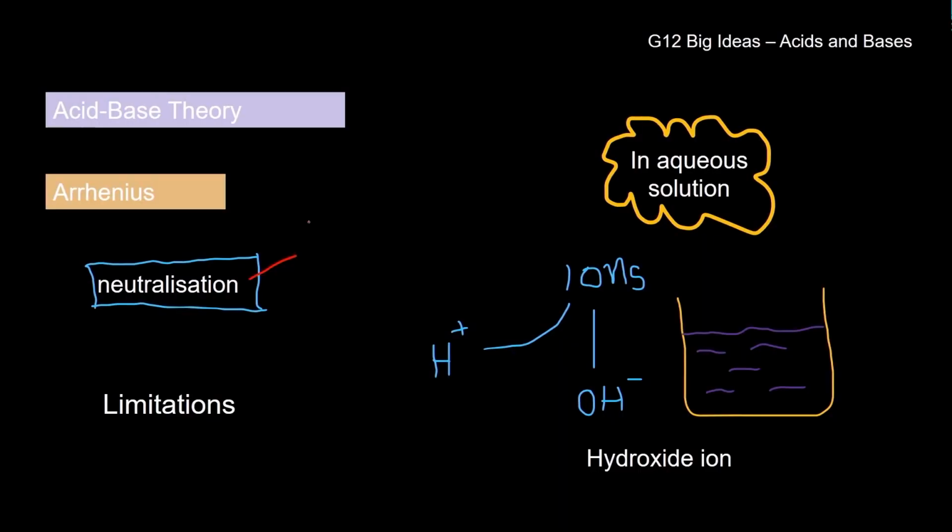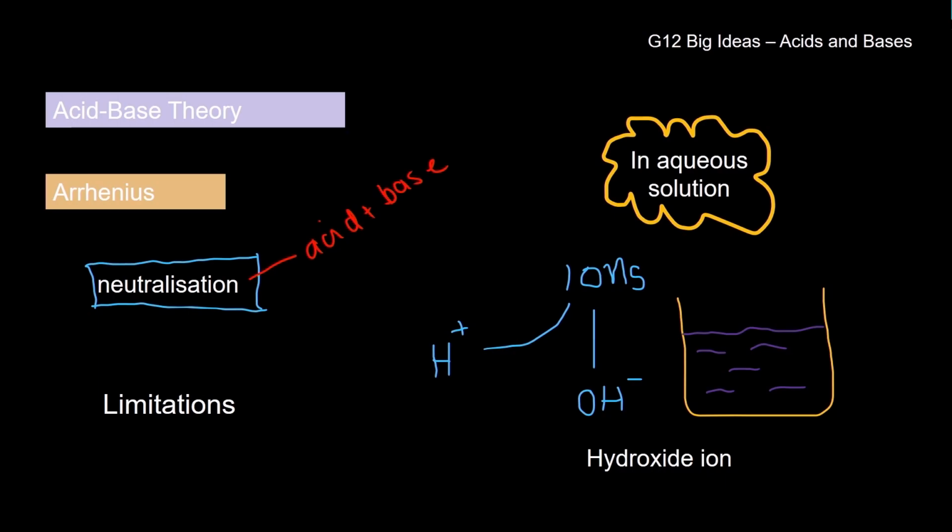Arrhenius only looked at acids and bases in the neutralization reaction. Neutralization is an acid and a base reacting together. So that was one of his limitations. It was only dealing with this neutralization reaction.